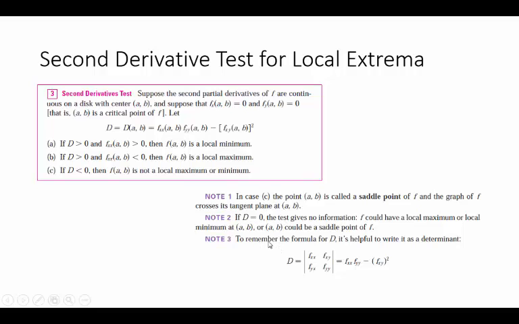And then just a slight hint about trying to make this manageable instead of trying to memorize this formula. If we look at this discriminant, fxx times fyy minus fxy quantity squared, if we take a look at that as a matrix of partial derivatives, then it'll be easier to remember that term.